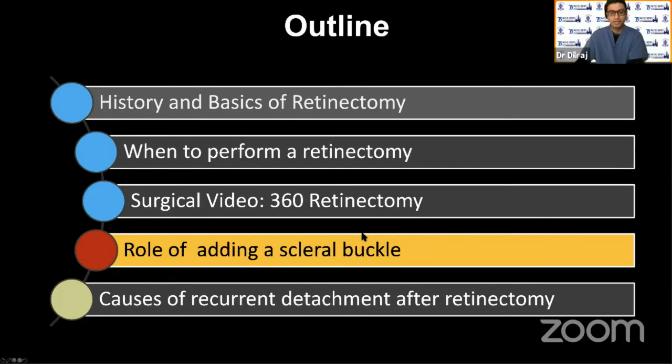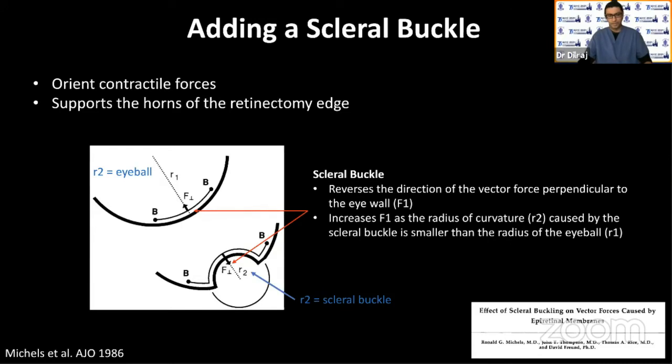What about the role of adding a sterile buckle? Now, this seems counterintuitive because if you're going to cut out a large part of the retina, and this applies to up to 180 degrees of retinectomy, then why add a sterile buckle? Now, there are actually some rationale for adding a sterile buckle to support the horns of the retinectomy edges.